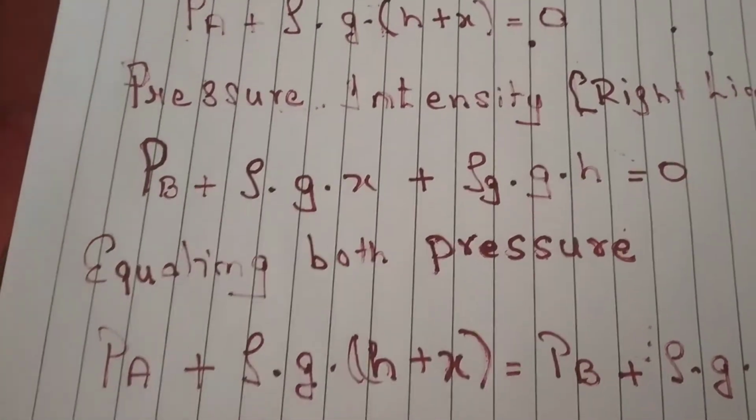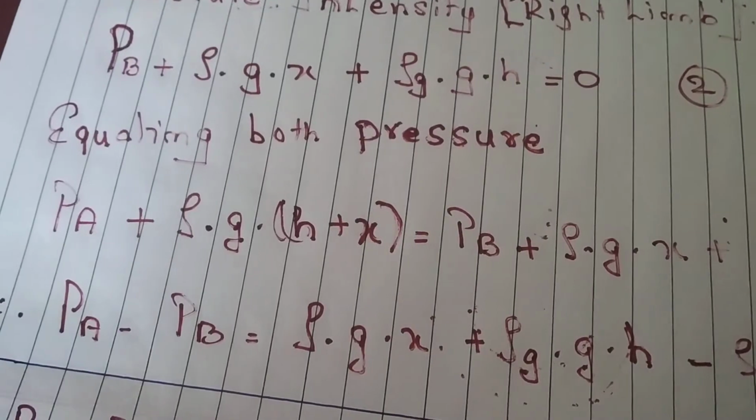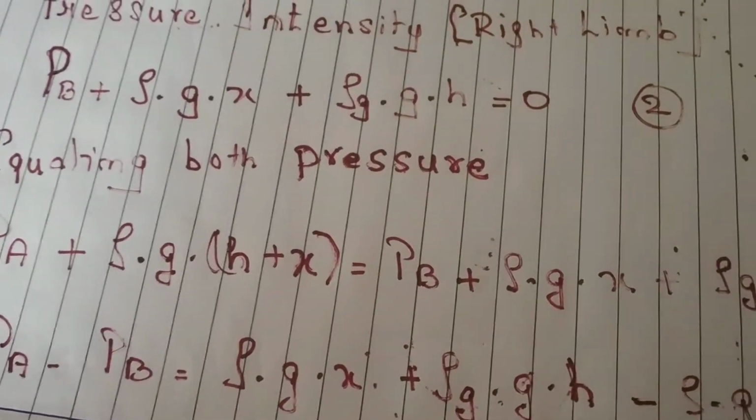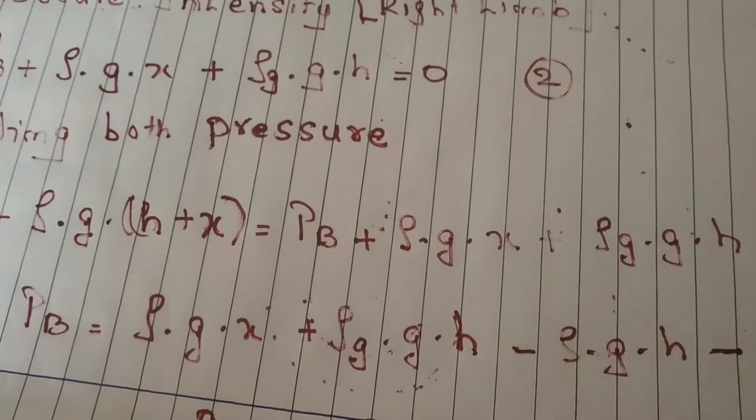Now equating both the pressures, PA plus rho g into (h plus x) is equal to PB plus rho g x plus rho g h.